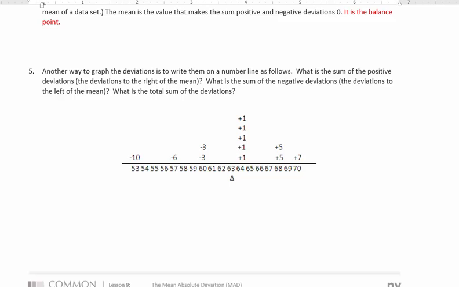So I want you to think, what is the sum, so sum means add, of the positive deviations? So what do you think the sum of my positive deviations are? And what is the sum of my negative deviations? So what do you think these equal? And then the last question is, what is the total sum?